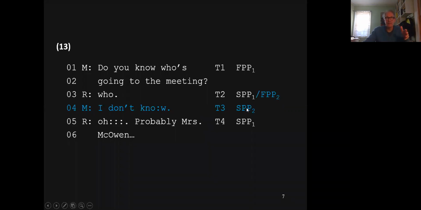So there's the second pair part. And then R says, oh, probably Mrs. Owens. So this becomes the second part of the first adjacency pair, do you know who's going? Oh, probably Mrs. Owens. So this is a way to think about it in sequential terms, like one thing is responding to or connected to another turn.